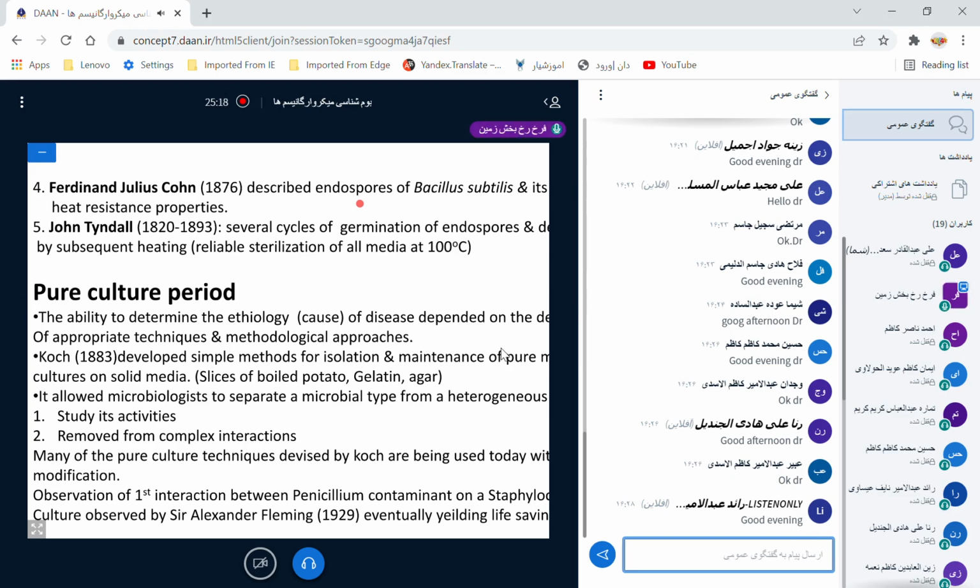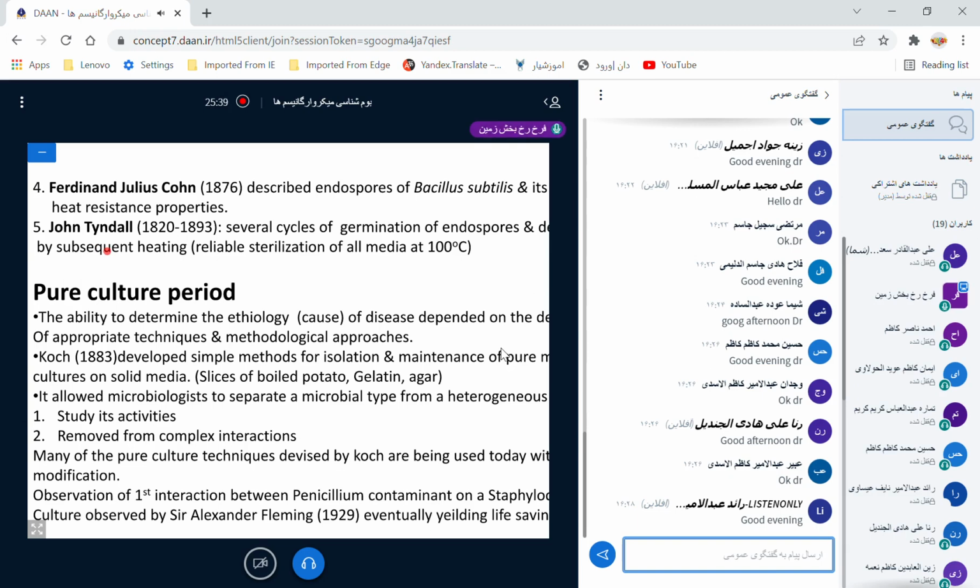And the last scientist who disproved the spontaneous generation hypothesis completely was John Tyndall, in 1893.